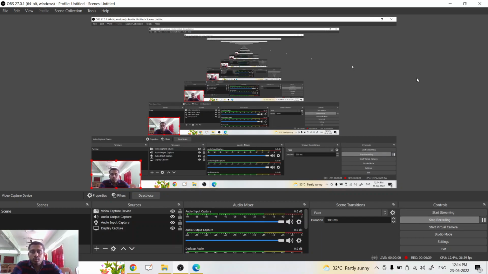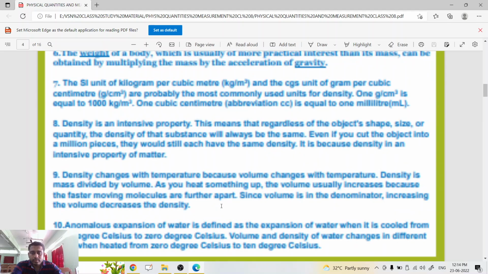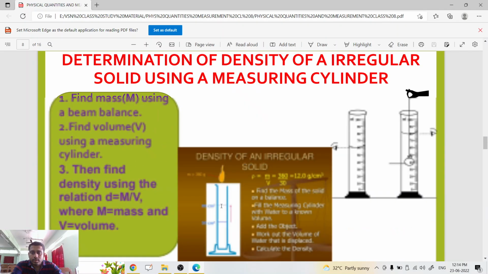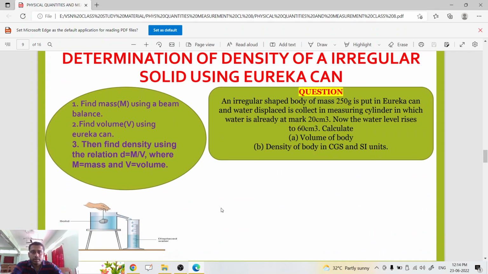Now today we are going to discuss our next part, that is the determination of density of an irregular solid using a eureka can.